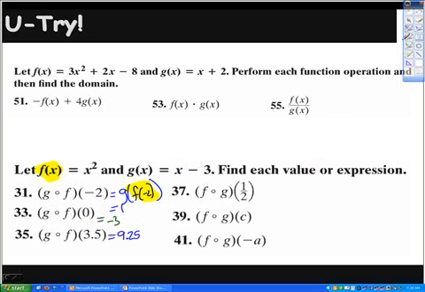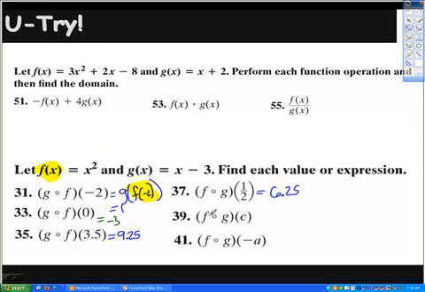Number 37, f of g of a half. Well, g of a half, let's see, we have 1/2 minus 3. That would be negative 2.5. If we take negative 2.5 and square it, plugging that into the f function, we would get 6.25.